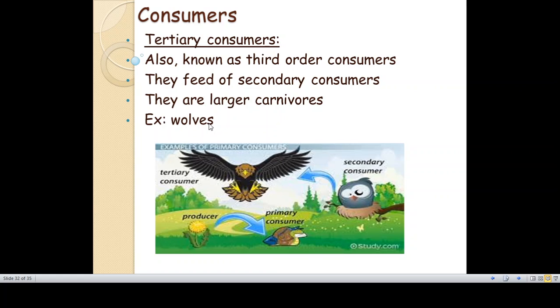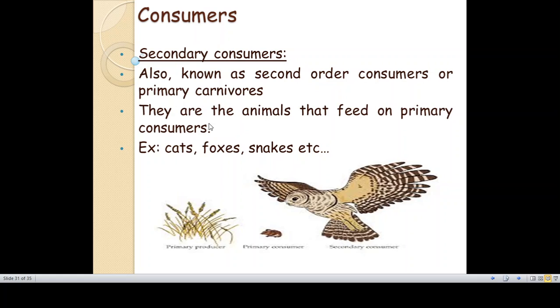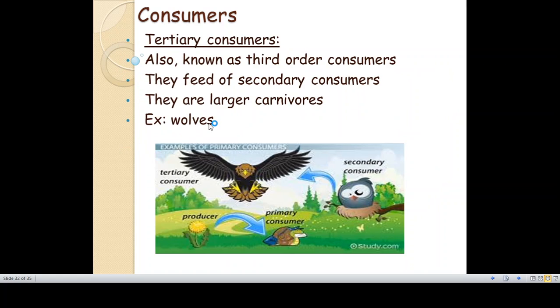For example, they will feed themselves on frogs, or in that case a bird like an eagle will feed itself on the snake. So you can see over here that the snake will have the food dependency on the frog, and this frog will be eaten by the snake.